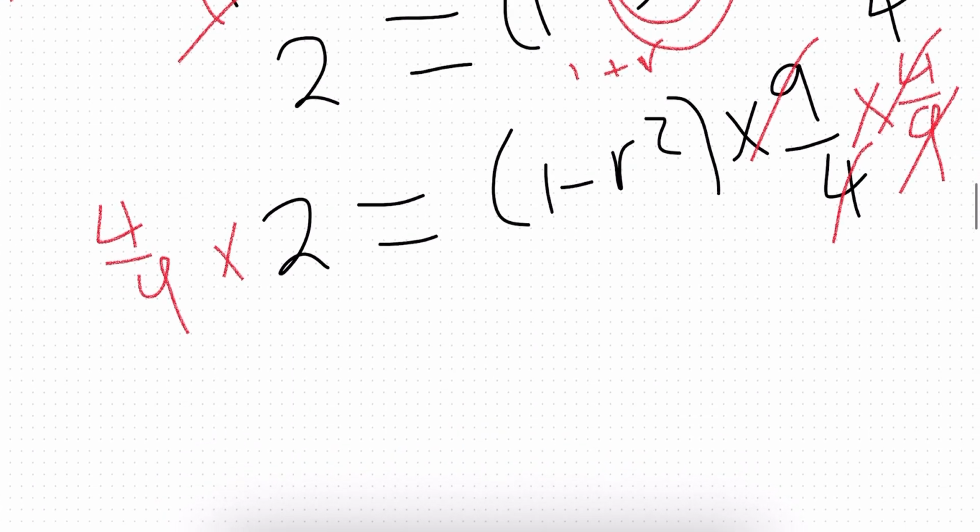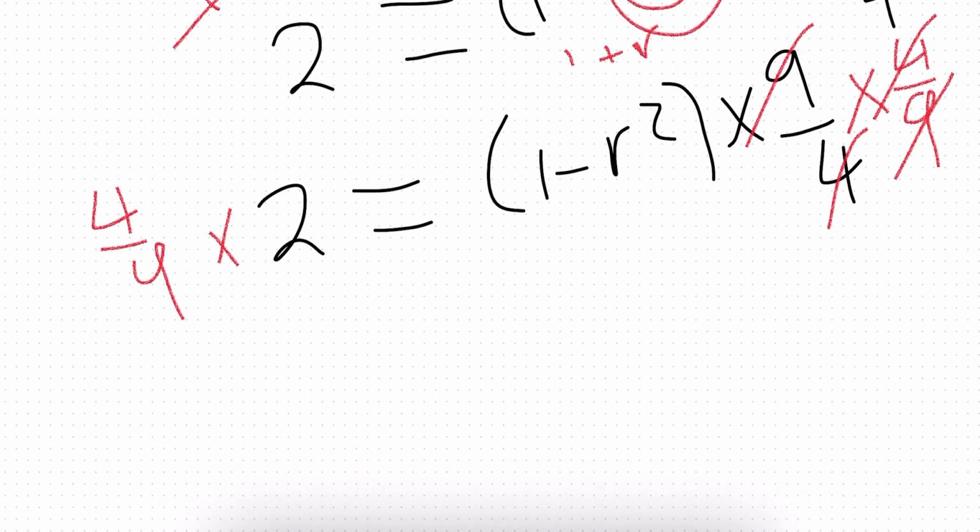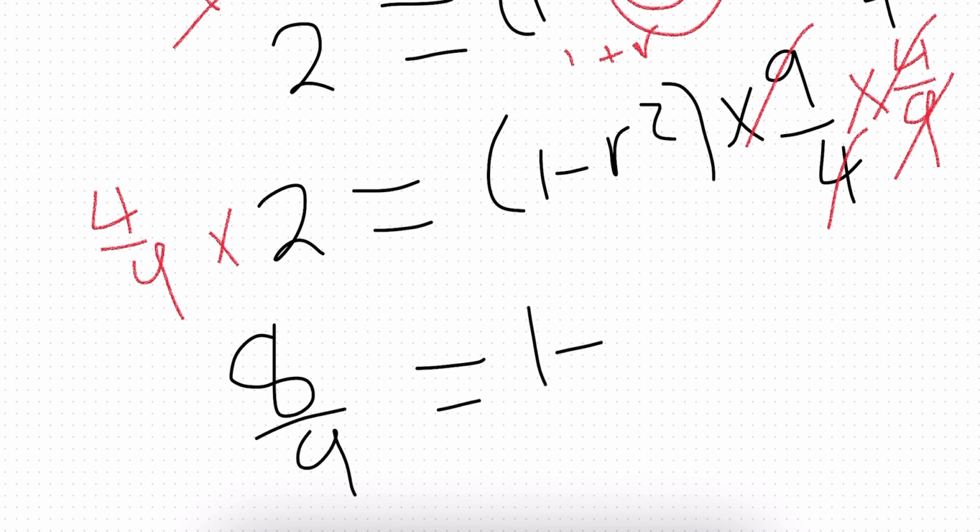Varsity has taught me to use my head a lot, so I generally use my head. You can use your calculator at this point. 4 times 2 is 8, divided by 9. So you'll end up having 8 over 9 on the other side. 8 over 9 equals 1 minus r squared.